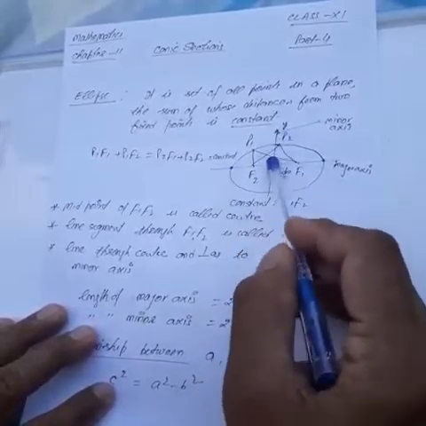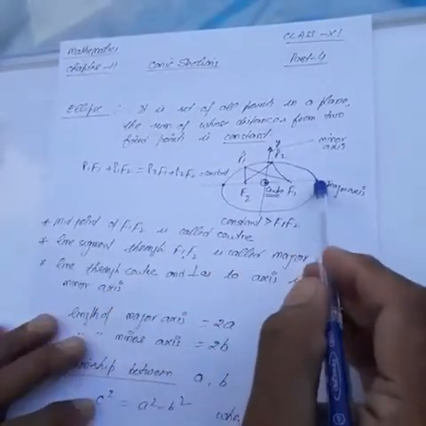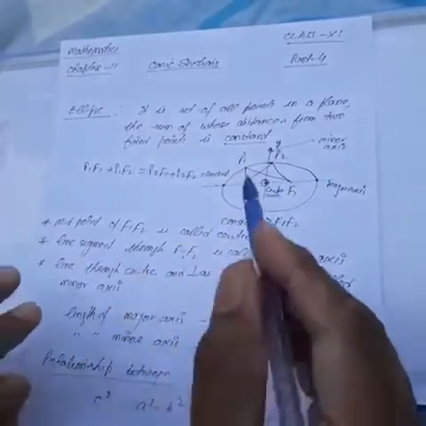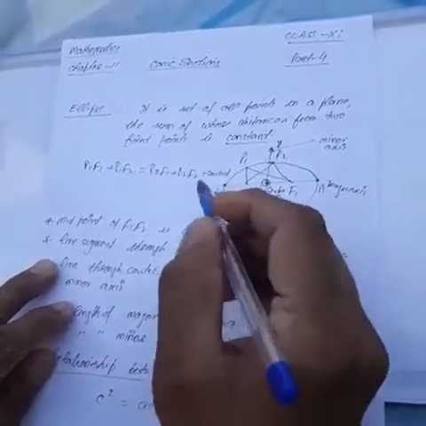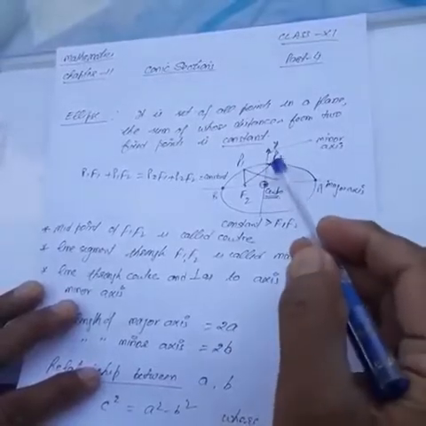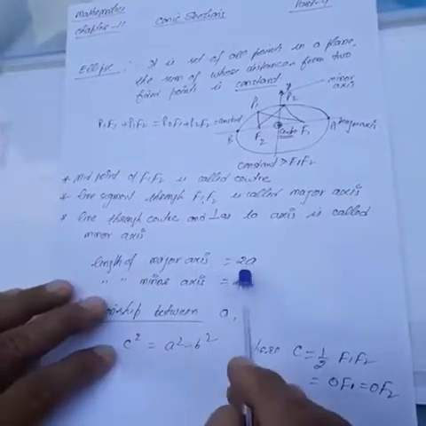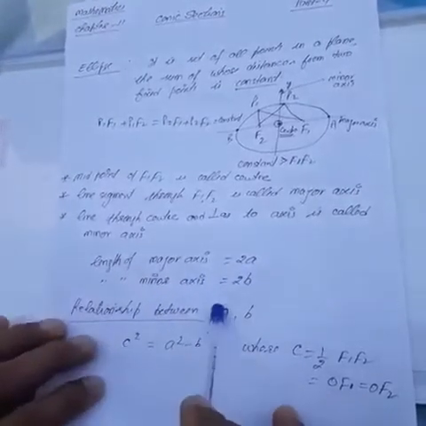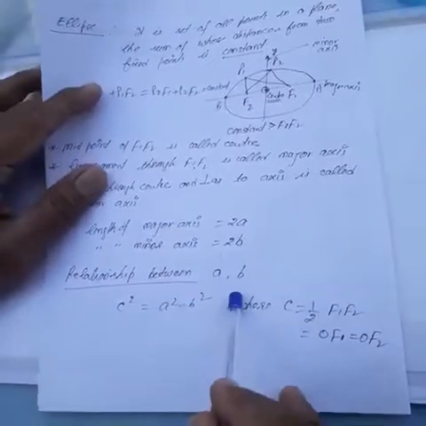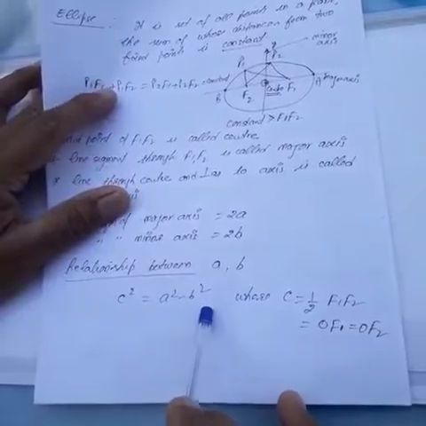So the minor axis will be on the y-axis. Length of the major axis, from this point to this point, if this is point A and this is point B, then AB is the length of the major axis, and the length of the minor axis is from this point to this point. So the length of the major axis is always 2a, the length of the minor axis will be 2b, and the relationship between a and b is c square equals a square minus b square.